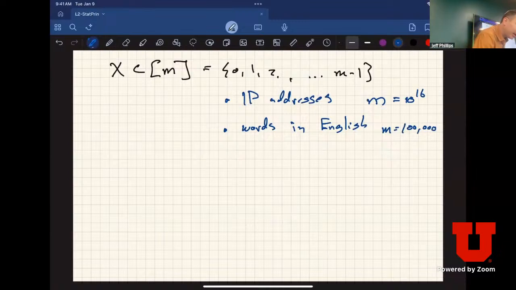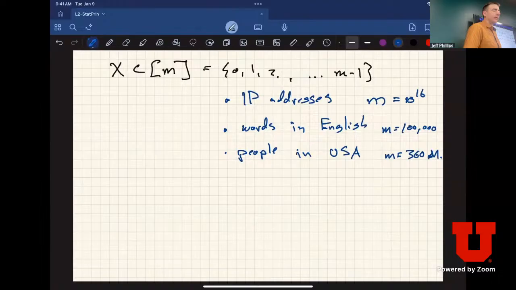It could also be people in the USA. Then M is going to be, was it like 360 million? Right, that's about right. Maybe it's more than that now, but 360 million people, right?